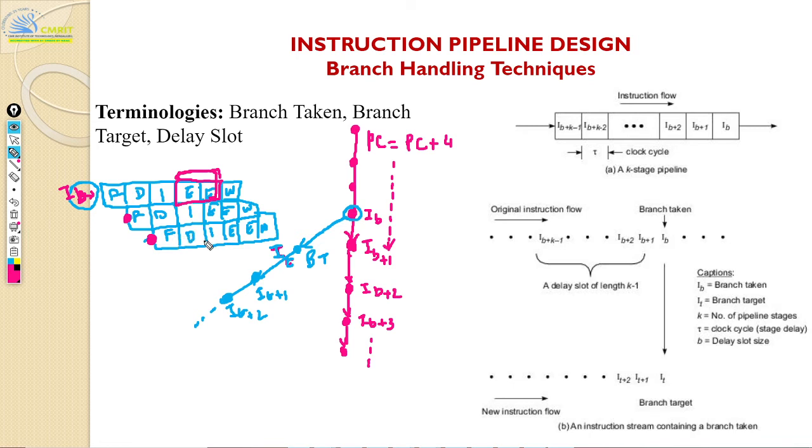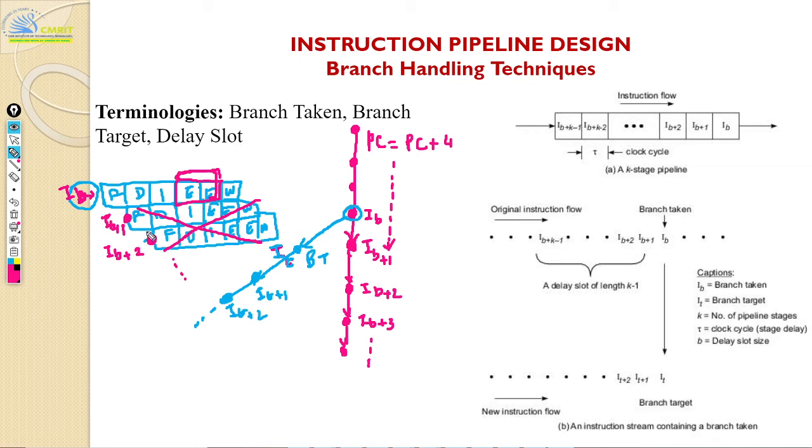The subsequent instructions, IB plus 1, IB plus 2, and so on, everything else will be filled. But let us say your branch is taken. Then you should cancel all these things. You have to flush the pipeline as soon as you come to know that your current instruction is branching.